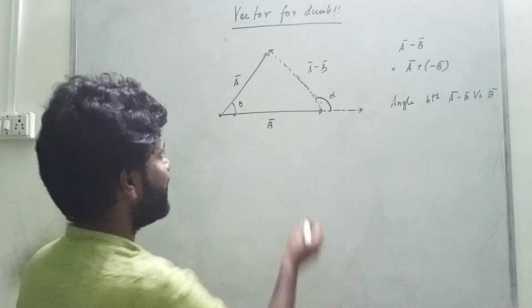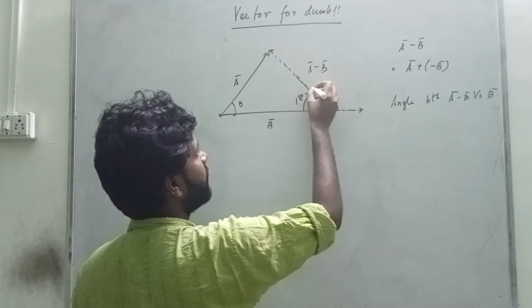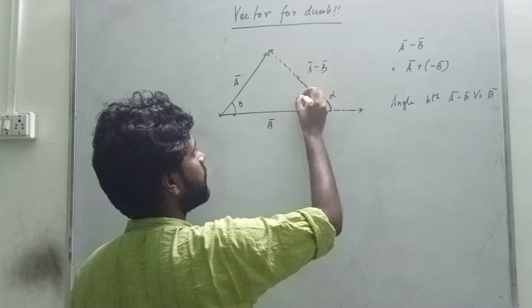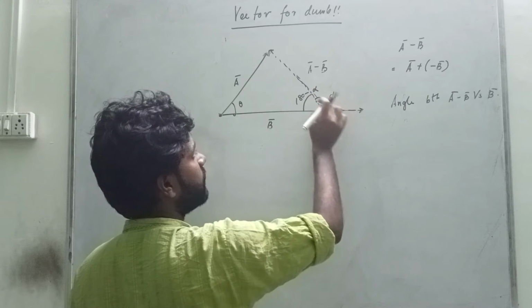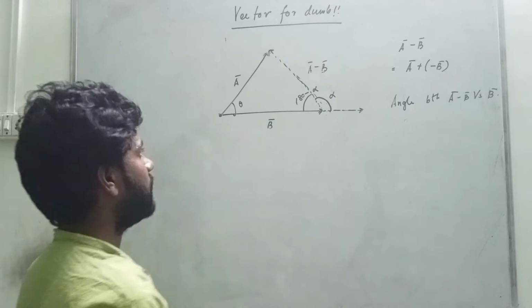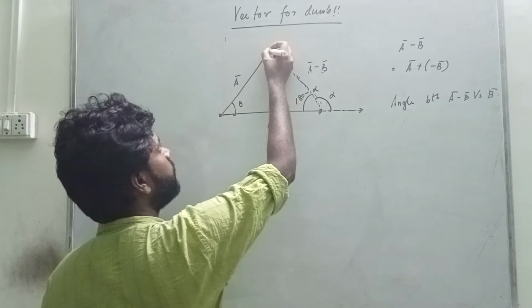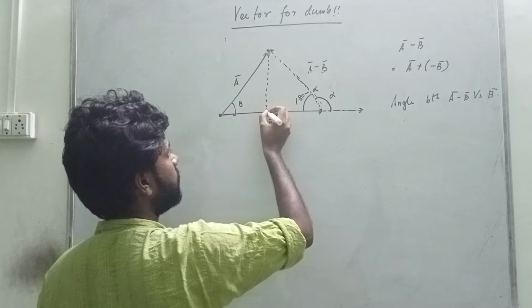So obviously the angle here is 180 minus alpha, because the full angle is 180. And I just drop a perpendicular from here onto this straight line.